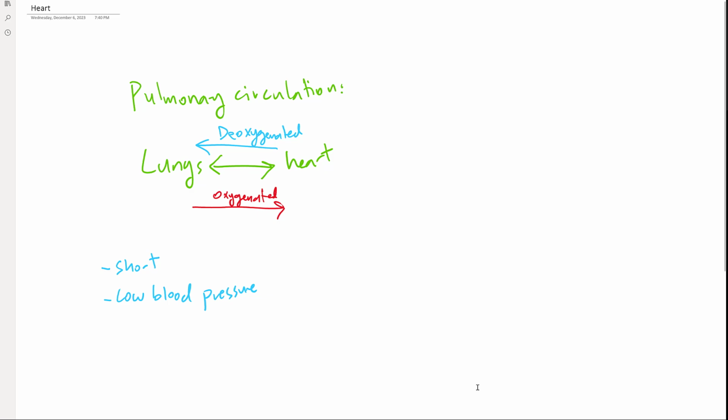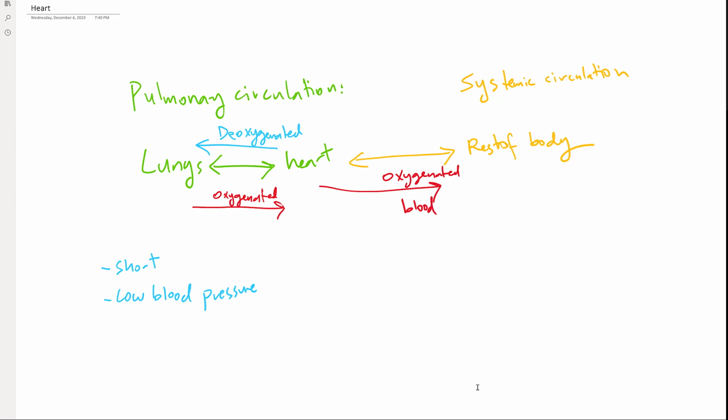Then the systemic circulation, and this one is between the heart and the rest of the body, in which the heart is sending oxygenated blood to the body and receives back deoxygenated. Okay, so the heart is the pump that is pushing the blood in both directions.